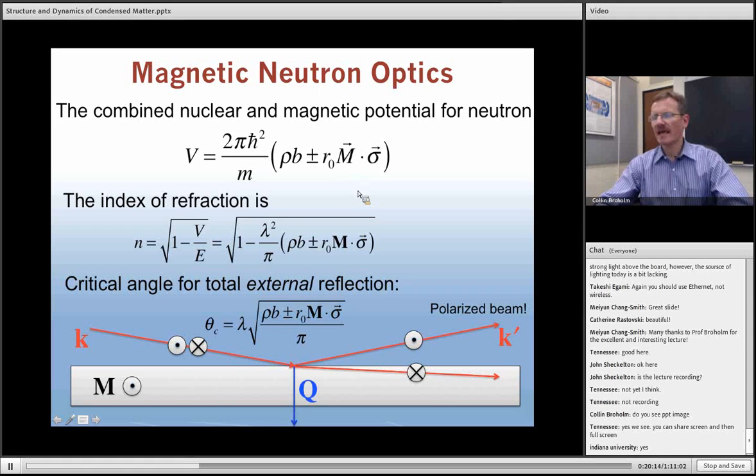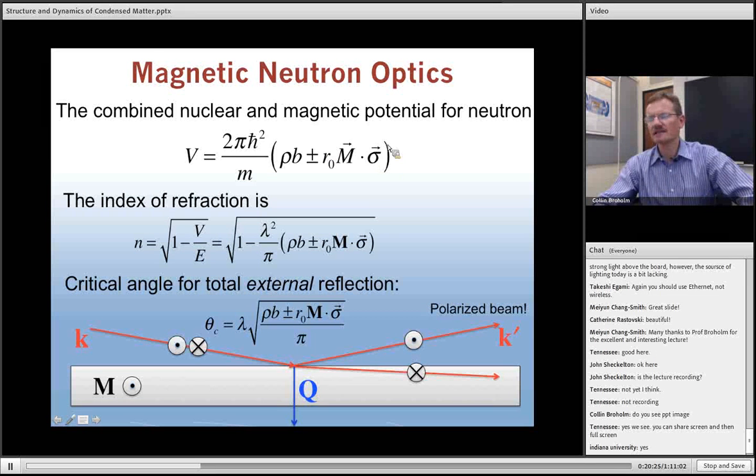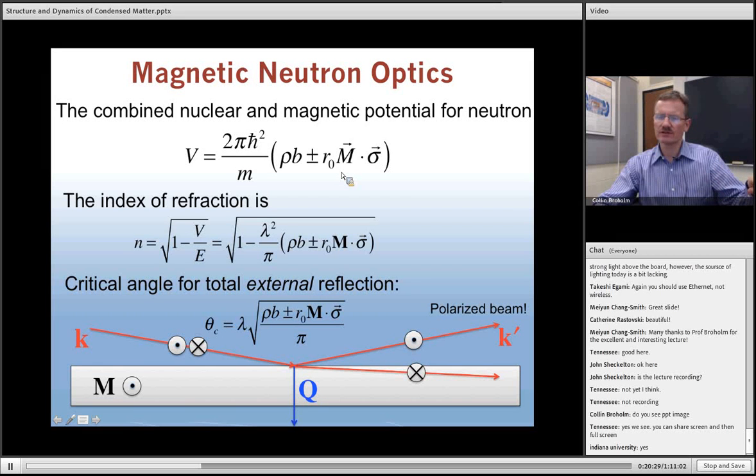So this M vector is the dipole moment per unit volume. And so this expression for the magnetic part of the interaction is simply the expression for the energy of a neutron in the magnetization of the material, but it also actually follows from the previous expressions that we were writing down. So that is the interaction potential in the optic limit for the nuclear part and the magnetic part.